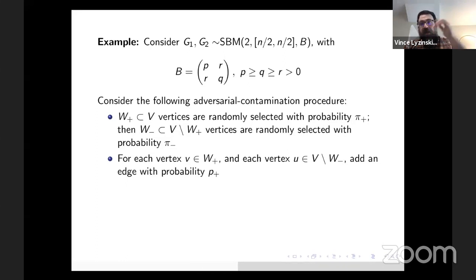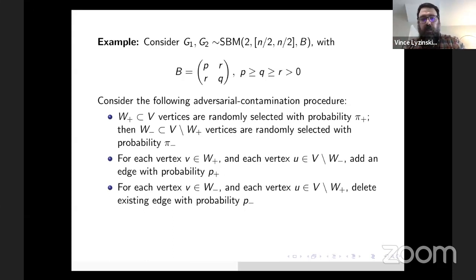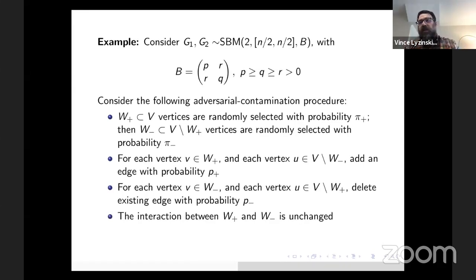For each vertex in the W plus set, the edge addition class, and each additional vertex, if there's not an edge between them, add an edge in with some probability. For each vertex in the edge deletion class, if there is an edge between them, remove it with some probability, okay? And the interaction between the contaminated classes is unchanged.